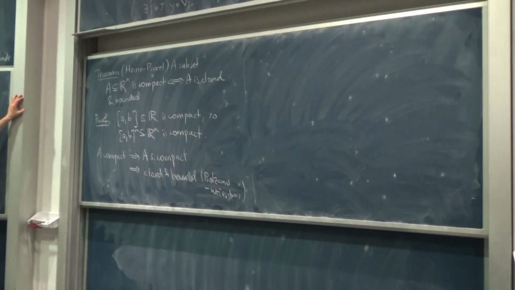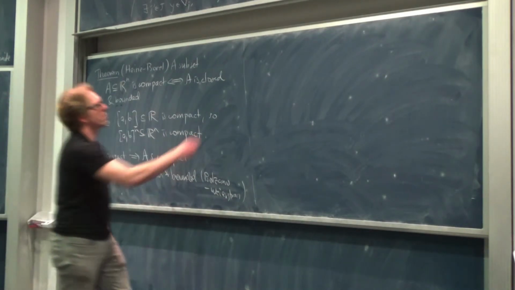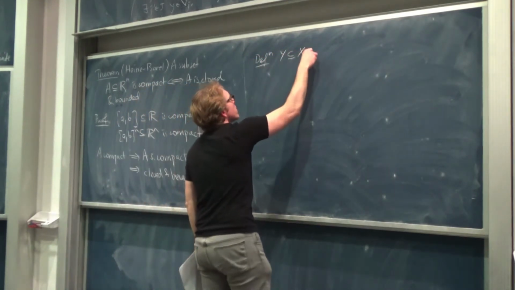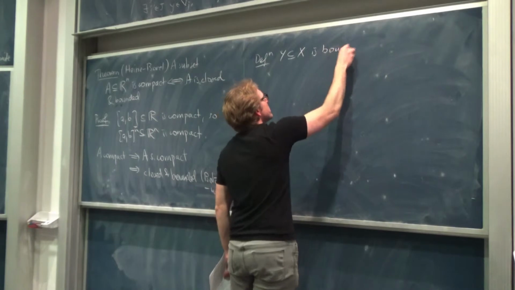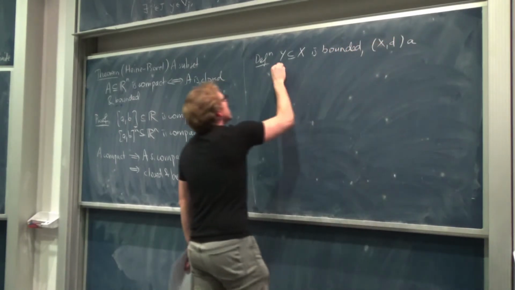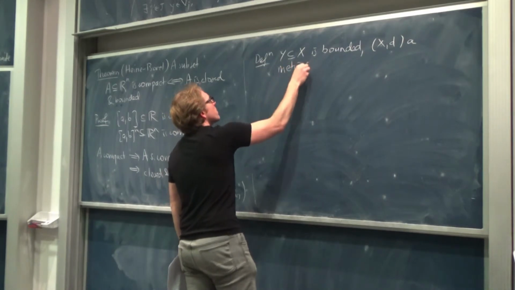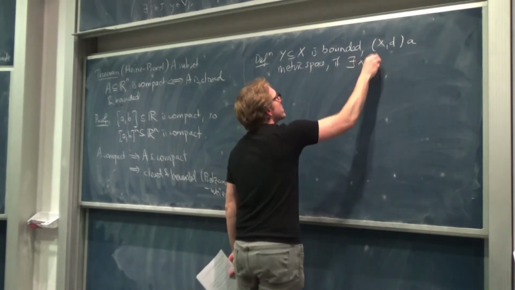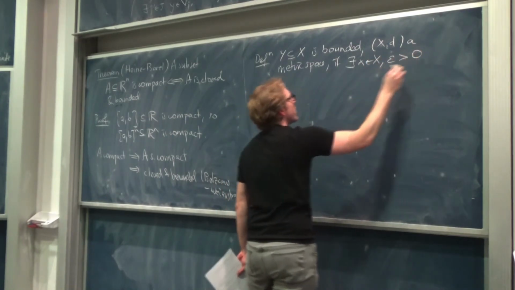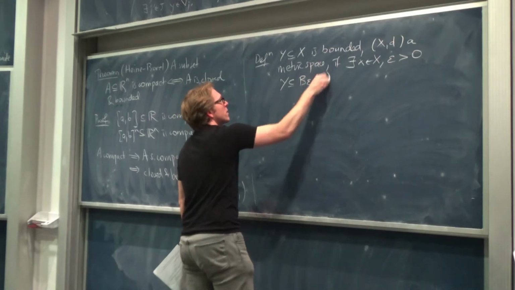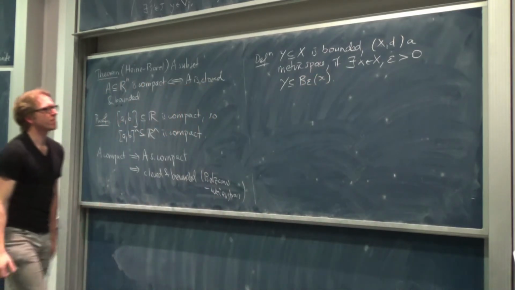So a subset Y of a metric space X is bounded if there exists a point and some epsilon such that Y is contained in that ball.